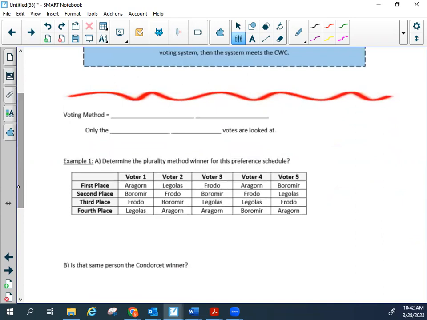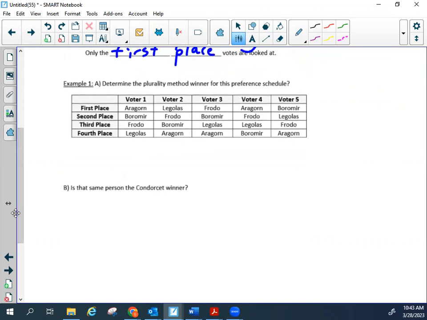So our first method here is called plurality voting. Now, when you hear the word plurality, you should automatically be thinking first place. Only the first place votes are going to count. So in this preference schedule right here, I have my 5 voters, and I'm only looking at the first place votes.